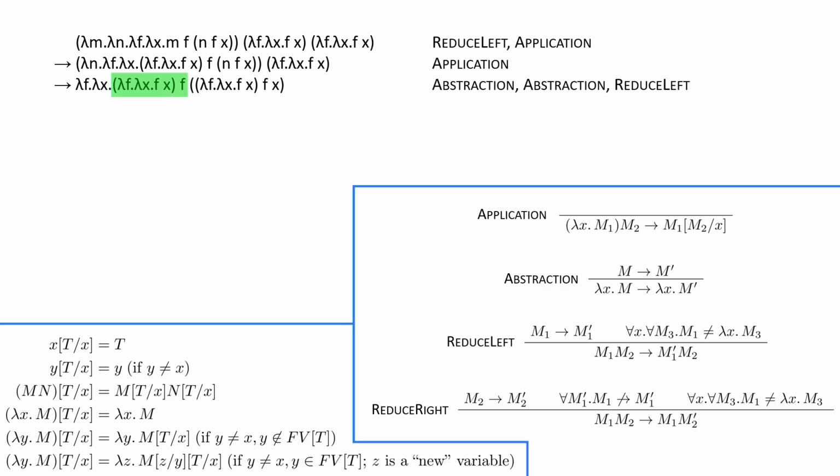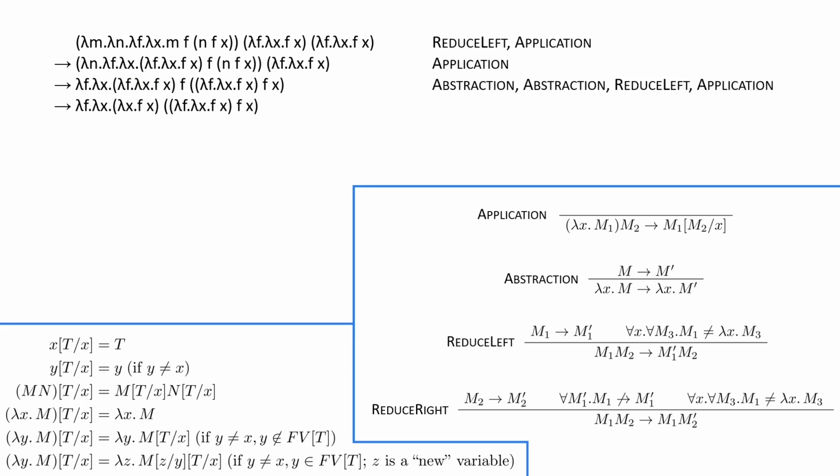Now we have an application in which the rator is an abstraction, so it matches only the application rule. That rule says to substitute this f for this f in the body of this abstraction. But in fact, substituting a variable for its own name doesn't do anything.